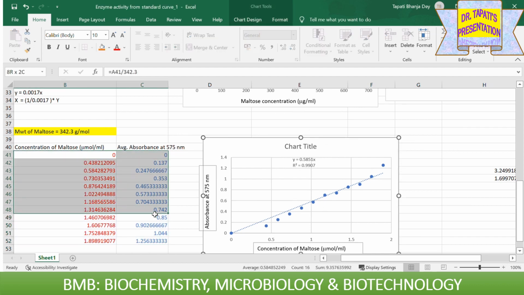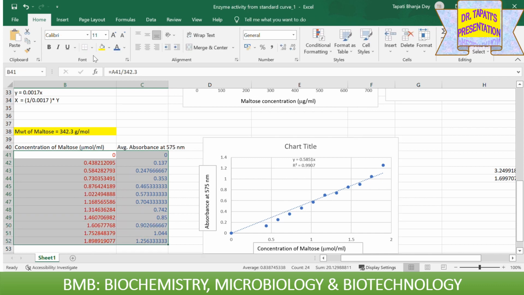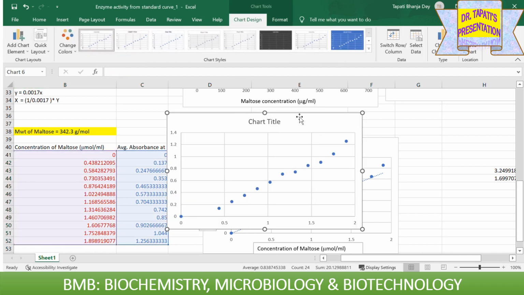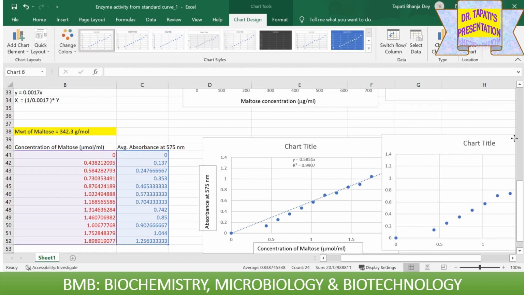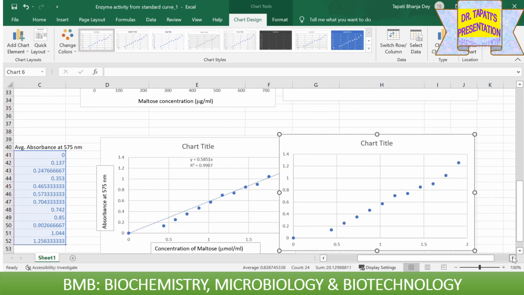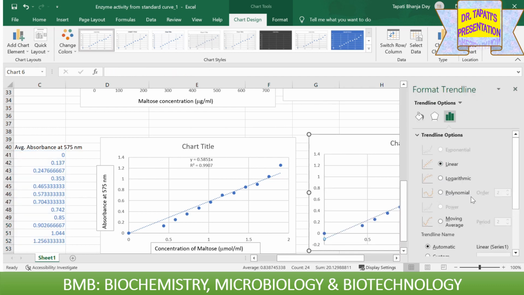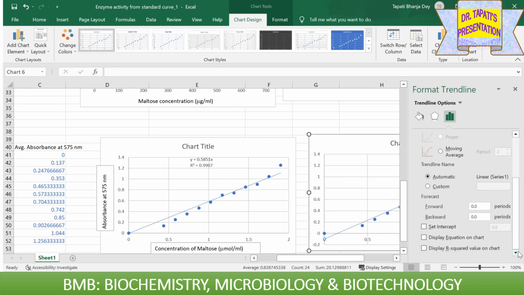We are selecting these x and y data values, and then we have to insert a scatter graph, and then we have to make a straight line from this: add trend line, linear, then set intercept at 0, display equation, display R square value.